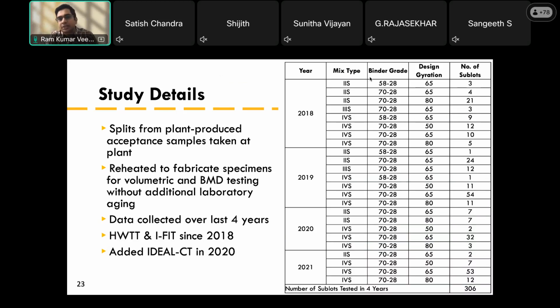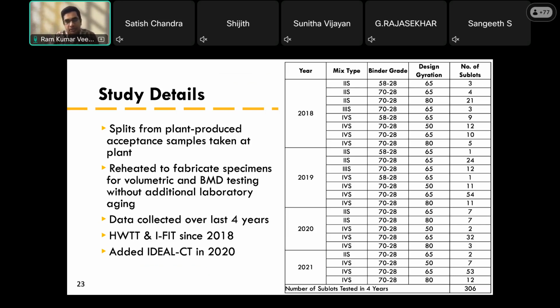As I mentioned, they started collecting from year 2018, and you would see different mix types: 2S, 3S, and 4S. The mix type 2S represents 19 millimeter nominal maximum aggregate size, 3S represents 12.5, and 4S represents 9.5 nominal maximum aggregate size.